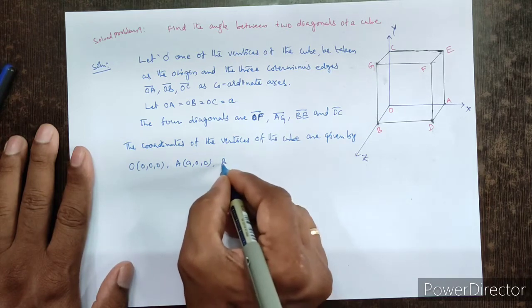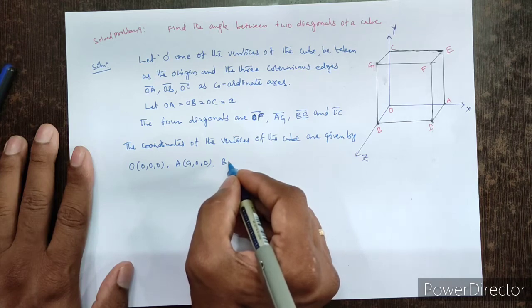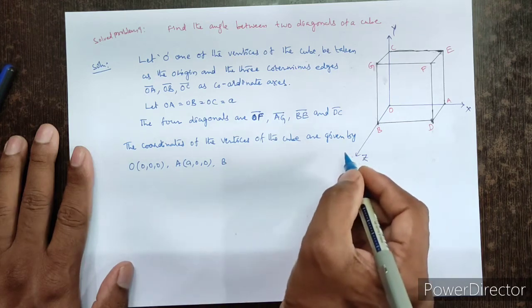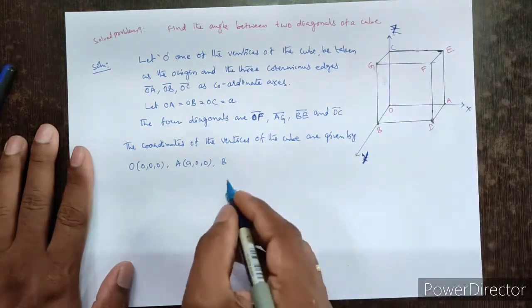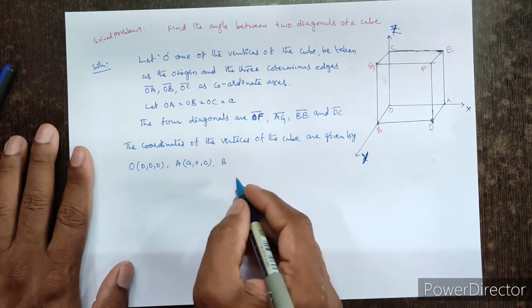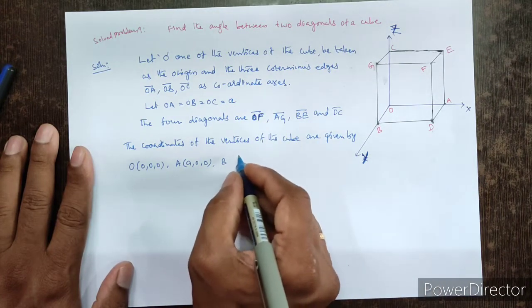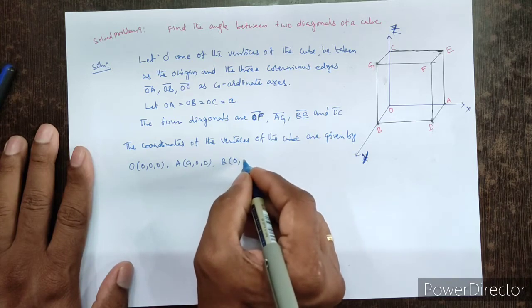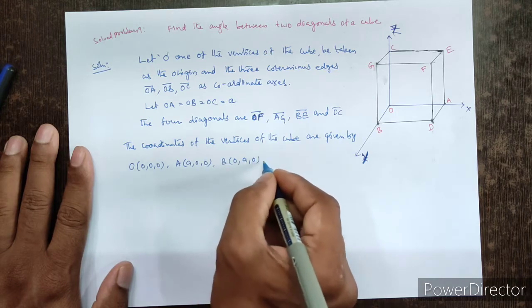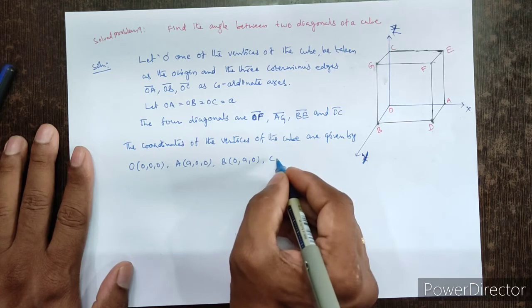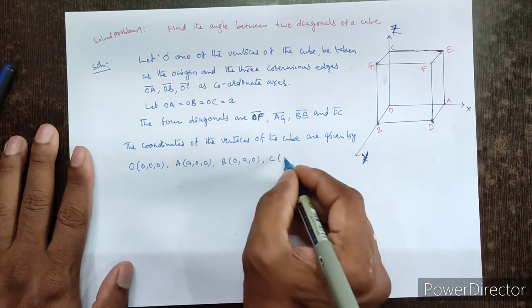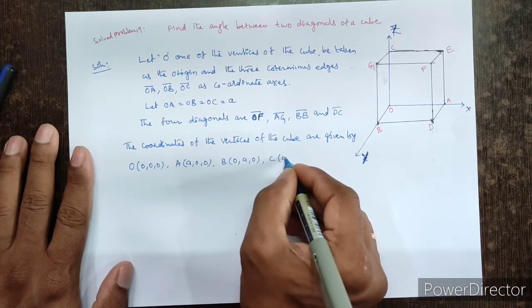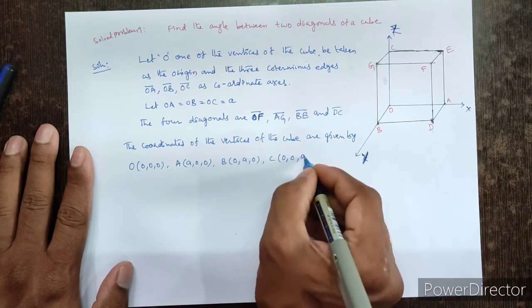B is the vertex on the y-axis, therefore x and z coordinates are 0, so B is (0, a, 0). C is the vertex of the cube on the z-axis, therefore x and y coordinates are 0, so C is (0, 0, a).